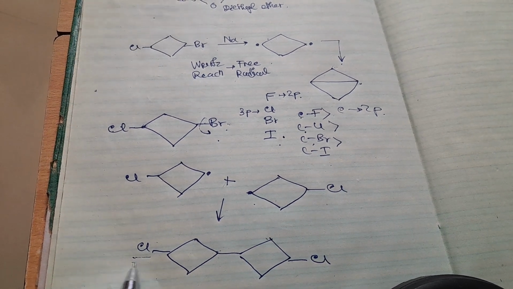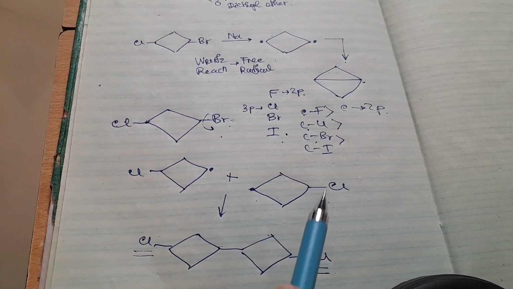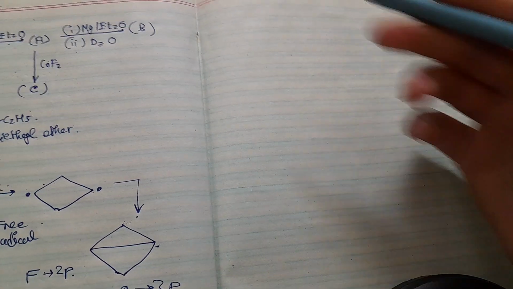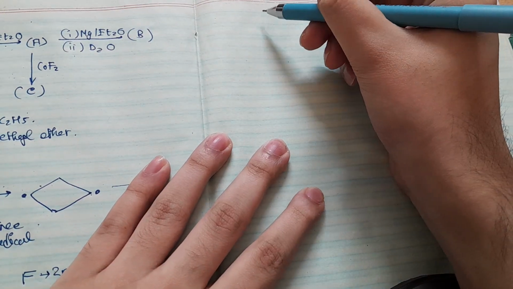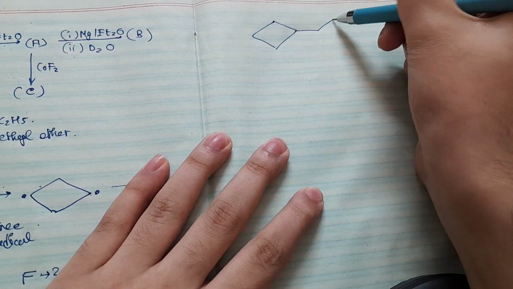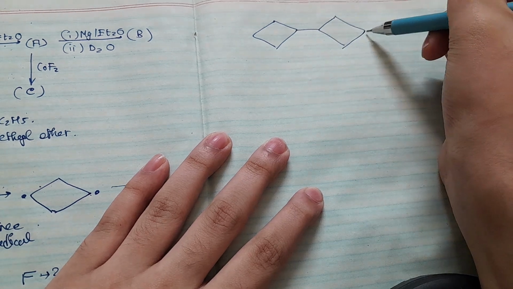Now this has a chlorine atom, this has two chlorine atoms, so it can easily undergo the Swarts reaction, right? So the product A is this.